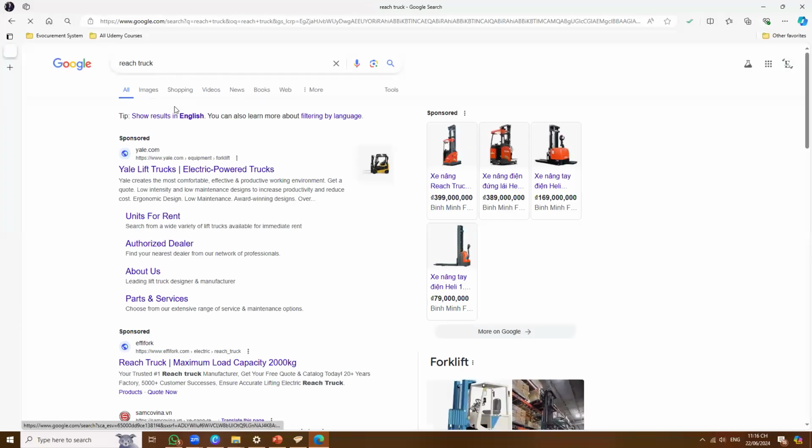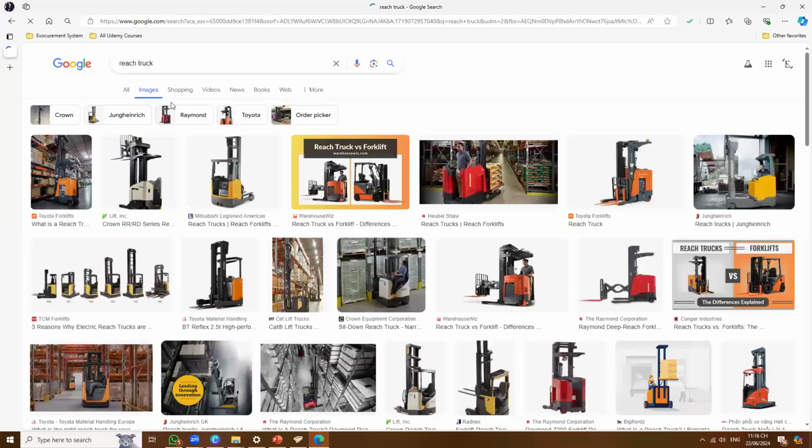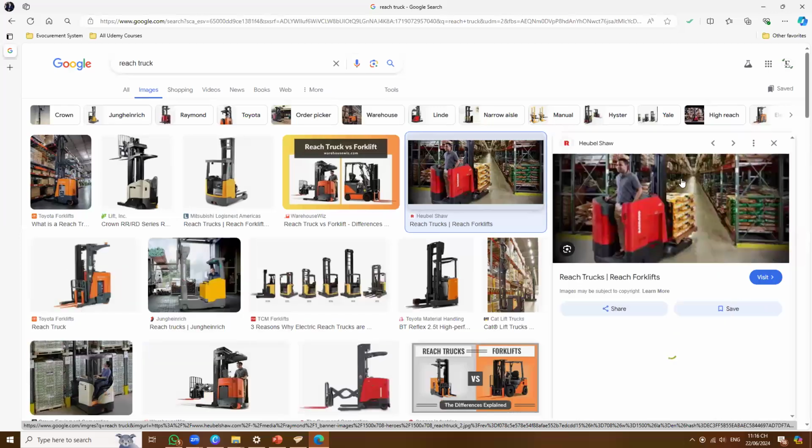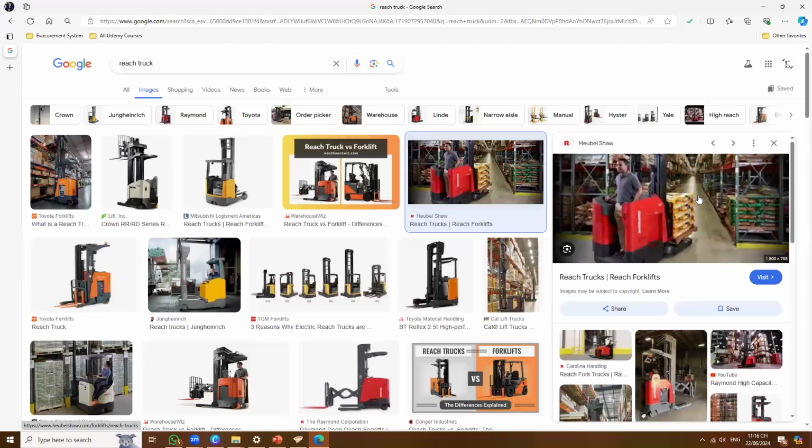The reach truck is pretty small, about the size of a bicycle, and it could be used within a very narrow aisle.